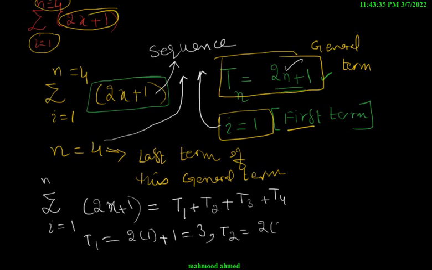In the same way t2 can be calculated: 2 times 2 plus 1, 5. And t3 is equal to 7. And t4 in the same way can be calculated: 9.